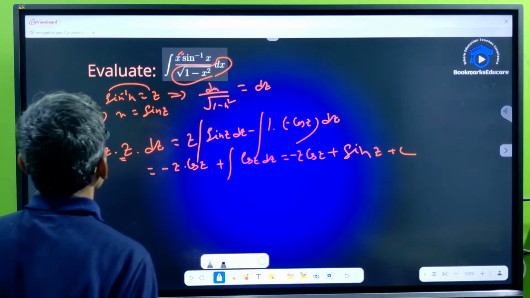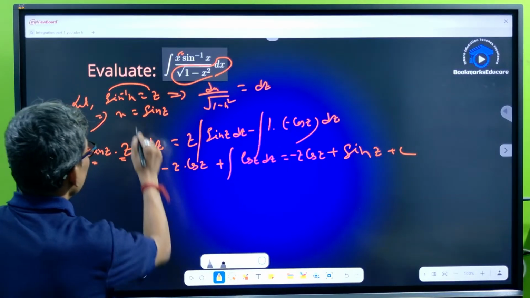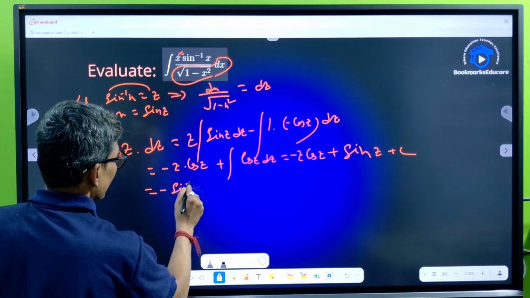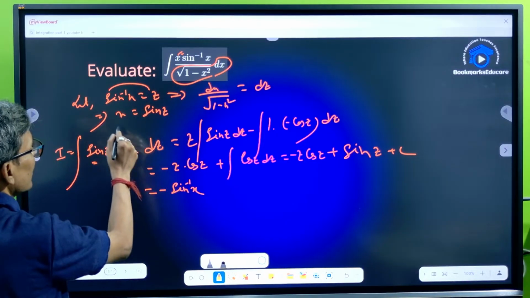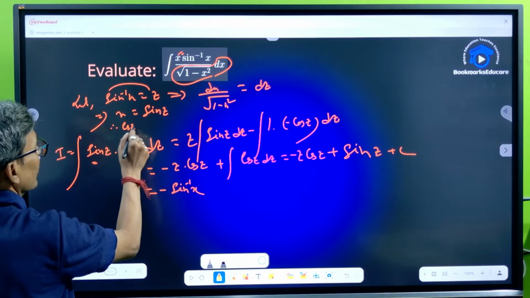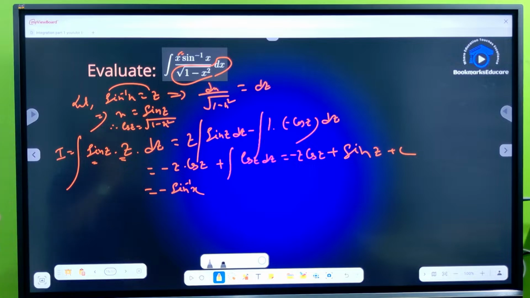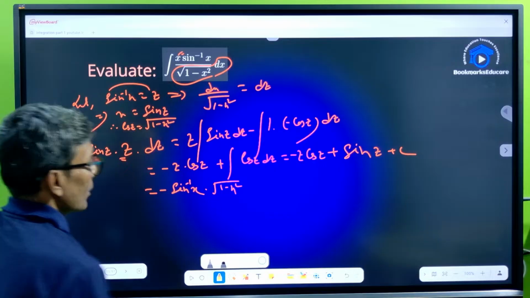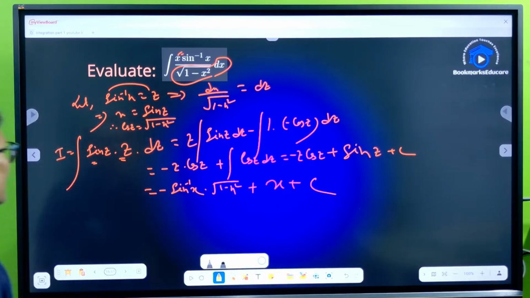So z means minus sin inverse x, cos z means root over of 1 minus x square, into root over of 1 minus x square, sin z means x plus c. This is the required answer.